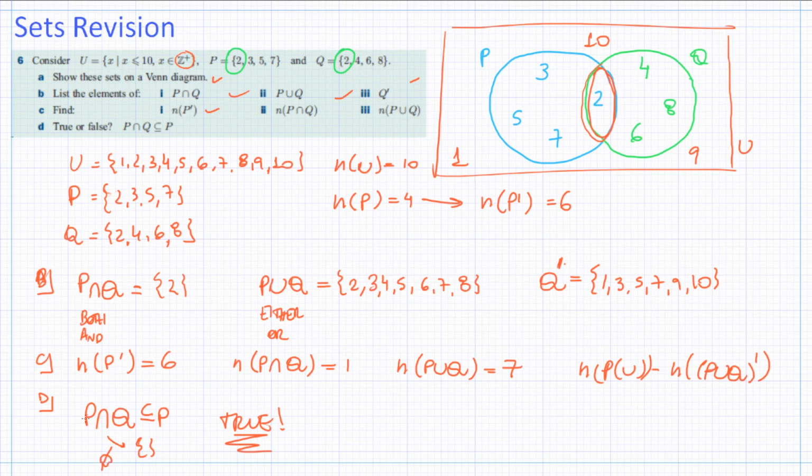Right? And if this is empty, what happens? Well, if this is empty, you simply have your subset. Empty is one of the proper subsets of any set. So there we go, another one.